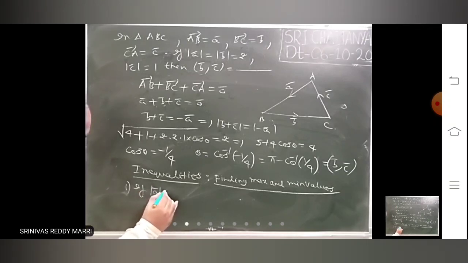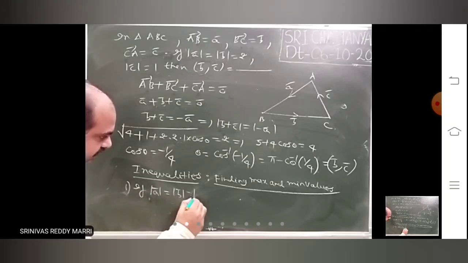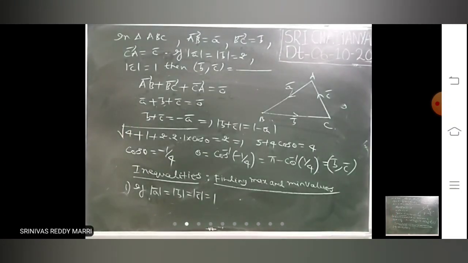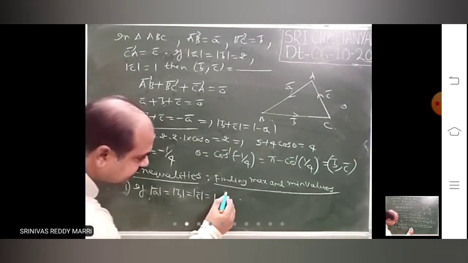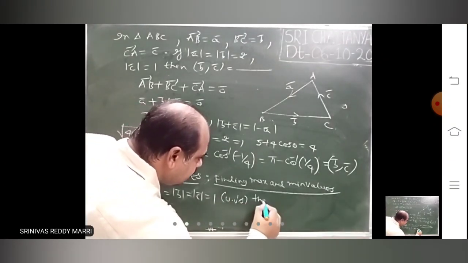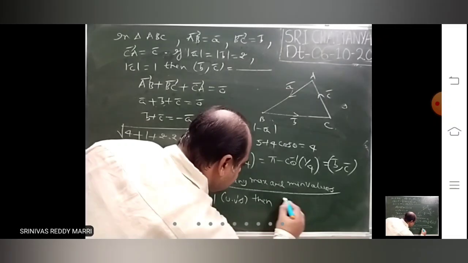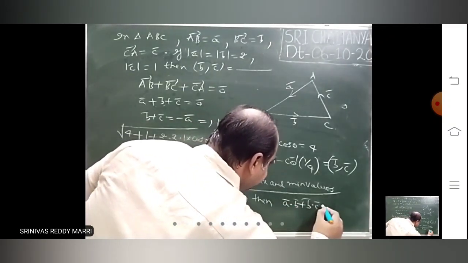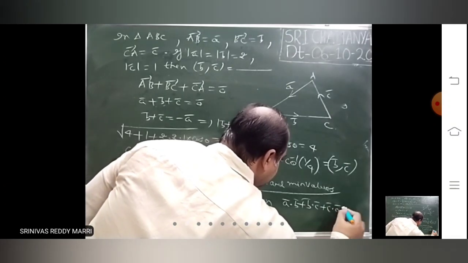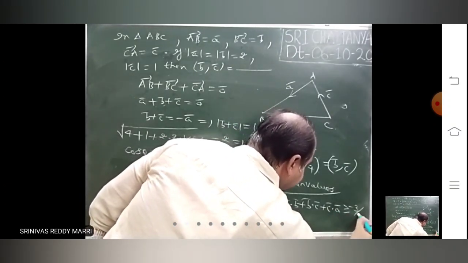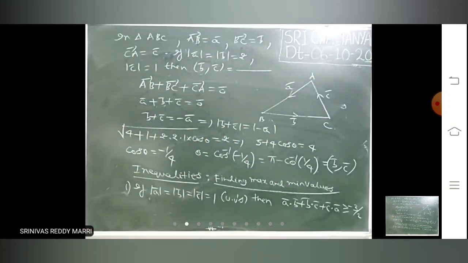If modulus A bar equal to modulus B bar equal to modulus C bar equal to 1, that means they are unit vectors. Then A bar dot B bar plus B bar dot C bar plus C bar dot A bar will always be greater than or equal to minus 3 by 2.